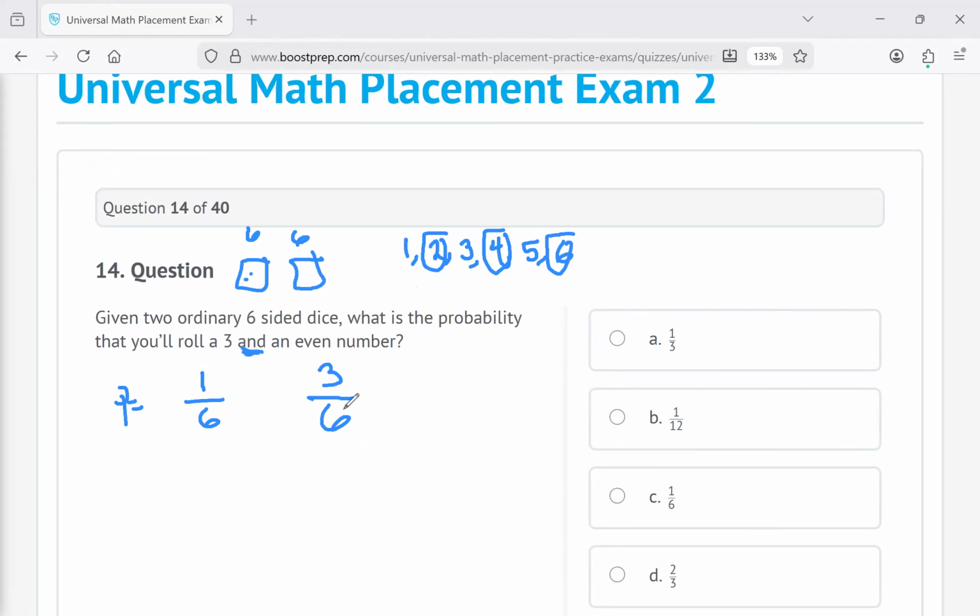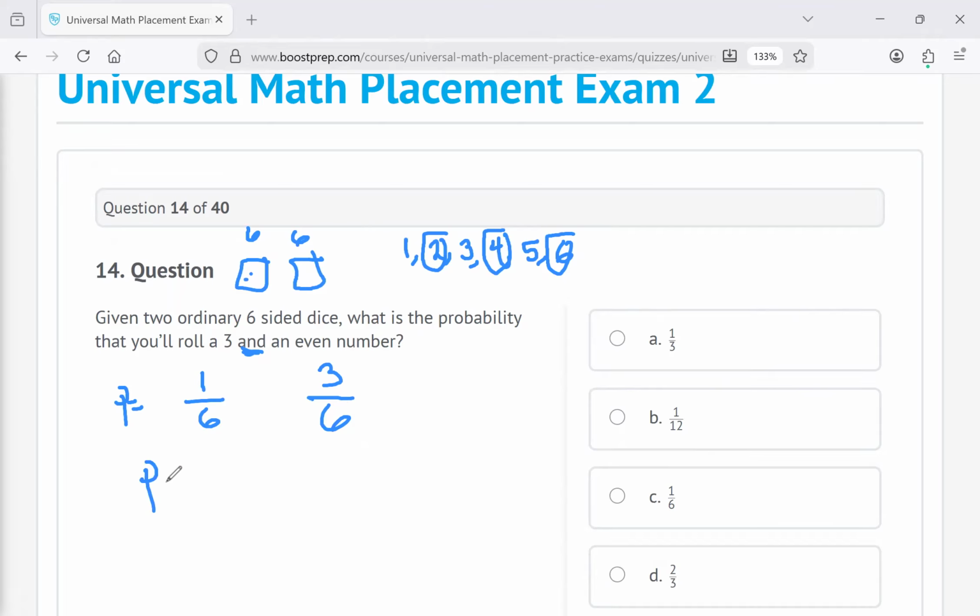Now, when you hear the word and in probability, that means multiplication.